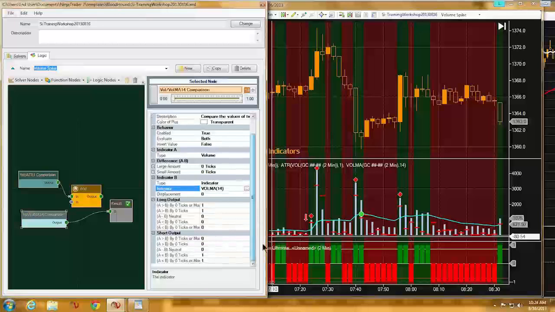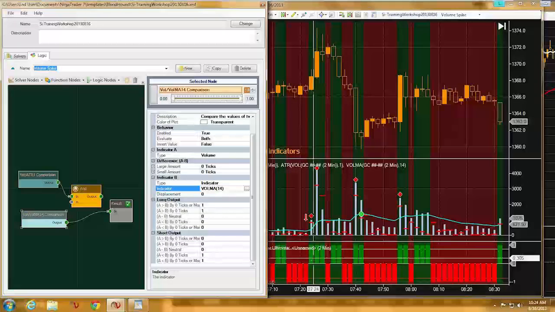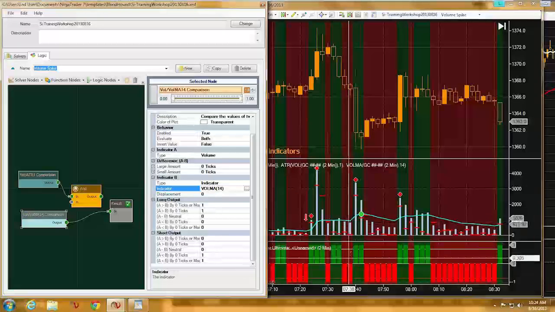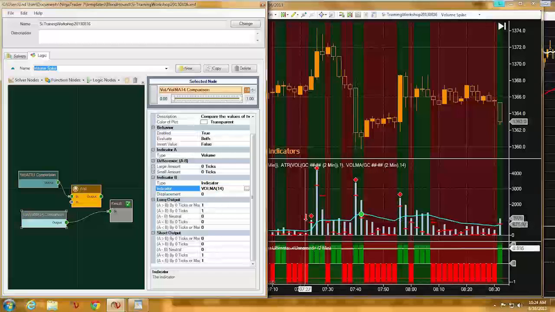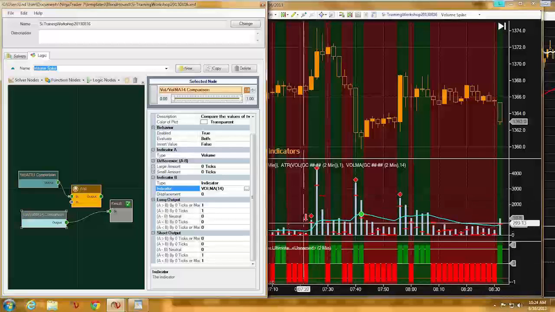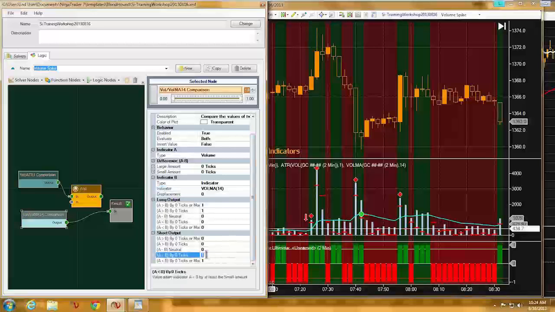And once again, we have a long signal right when the volume is above the moving average, and a short signal when the volume is below the moving average. And so we want a long and short signal only when the volume is above the moving average. So I will have to change my short outputs again.